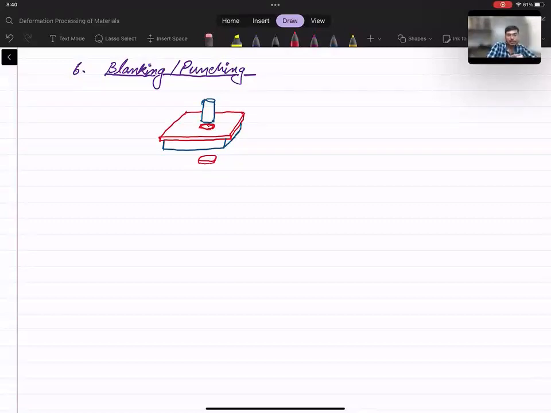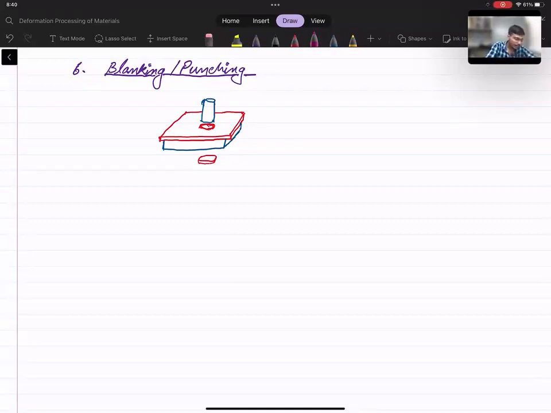This is like a thin coin. You can assume coins are actually made by this process only. Coin type of shapes etc. are made by this. Okay, so how is this called blanking or punching? This part which has fallen out determines that.